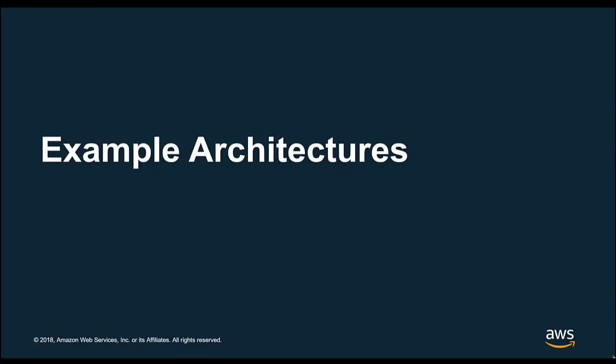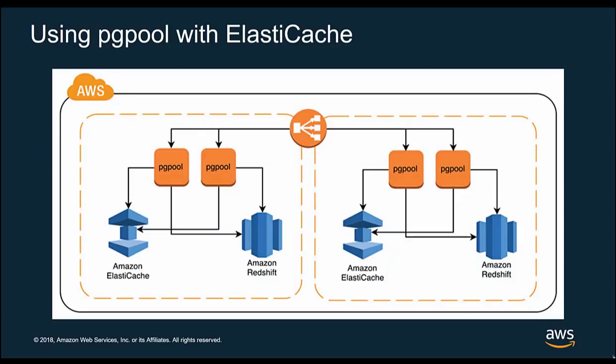So let's take a look at some example architectures. What we're looking at right here is leveraging something called pgpool with ElastiCache, right? And so with this, you can see that in the middle we have an application. And that application, in this case, is querying from Amazon Redshift, which is our data warehouse platform, right? But you could replace that Amazon Redshift with an RDS database.